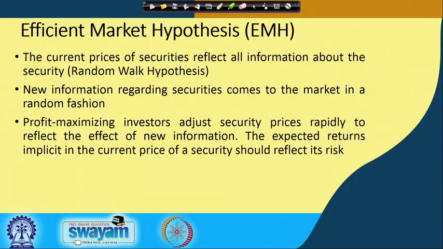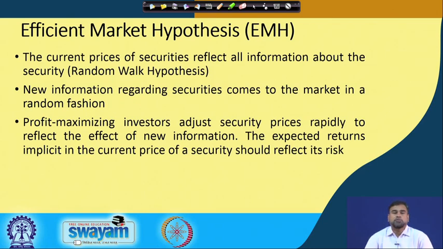In this context, the hypothesis that was created is called the efficient market hypothesis, which was given by Eugene Fama long back, in the 1960s, 1970s, mostly in 1962. The concept of the efficient market hypothesis became quite popular after that, and a lot of research and work has been carried out in this area.